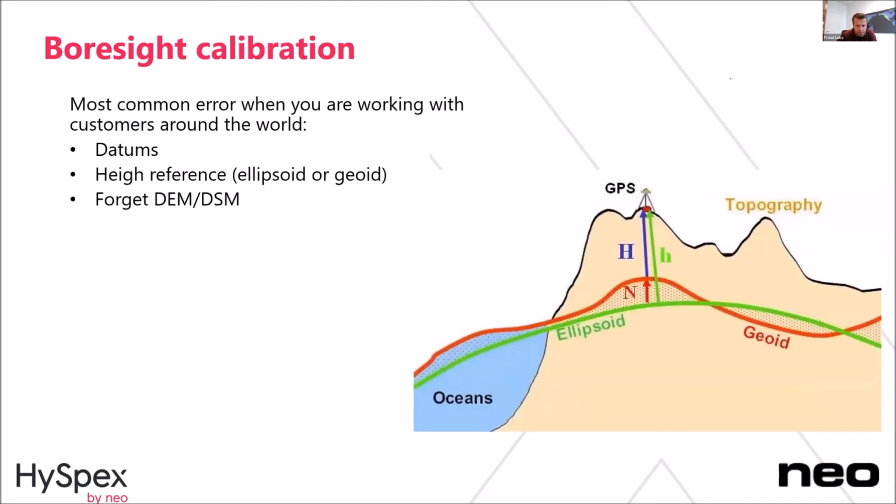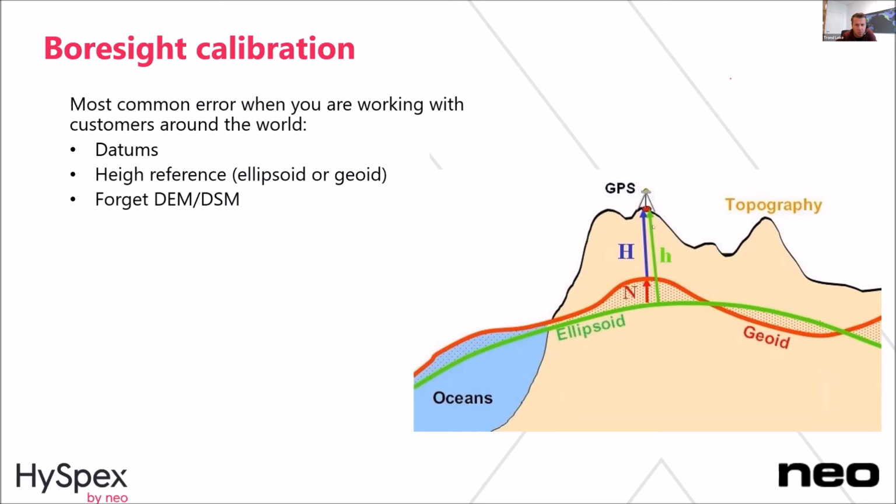Yeah. And the most common errors when working with customers around the world, I've probably done, I don't know, 50 installations around the world with different kinds of aircraft and different kinds of elevation models that the customer has, or has gotten from publicly available sources, or something they made themselves.